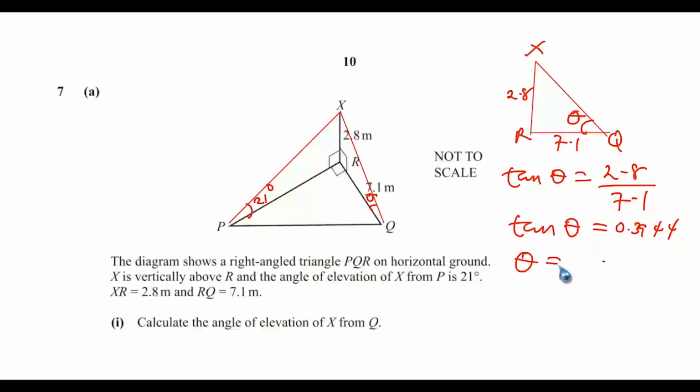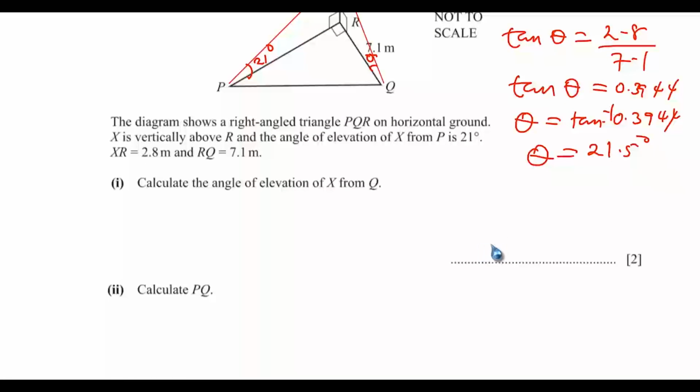So theta will be equal to tan inverse of 0.3944, and the value of theta will be 21.5 degrees. You can work it down, you can write it here. Theta is equal to, let's simply write the answer there, 21.5 degrees. So that is the answer there.